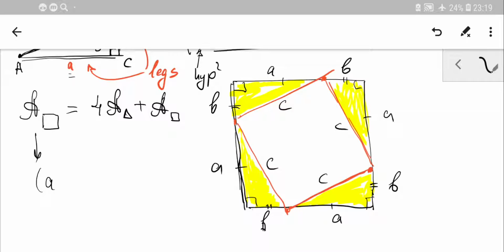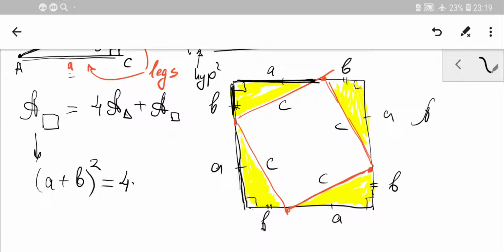All right, so let's calculate the area of the big square. It's simply a plus b, one side times the same side, because all sides are equal, so we can say it's a plus b squared, right? Okay, and it also equals 4 times the area of a triangle. Let's calculate the area of the triangle, but first we express it. So for each triangle, b, let's say, is the height, while a is the base, right?